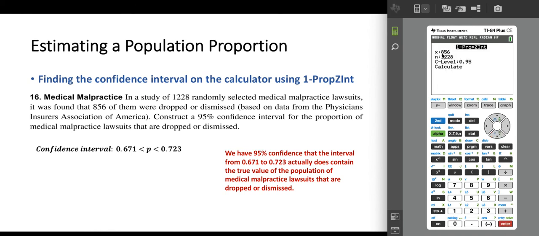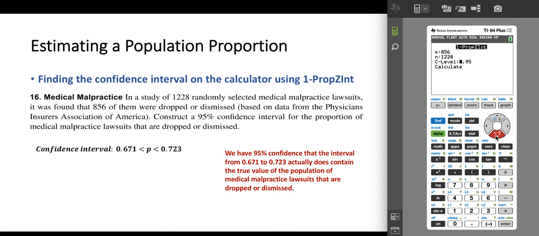And what you're going to put in here is the information we were given in the example that we're going through. X is the number of lawsuits that were dropped or dismissed, which was 856. N is the number of malpractice lawsuits that were covered, 1,228.